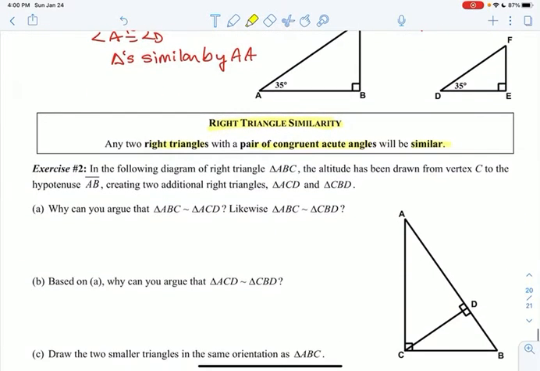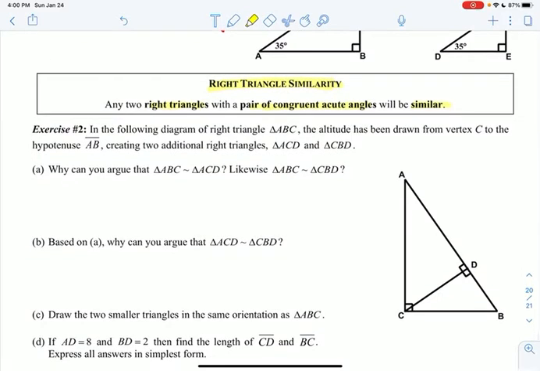So in exercise 2, we have our diagram just like we had in the earlier lesson. I have triangle ABC, which is a right triangle. The altitude has been drawn, so this is an altitude. An altitude is a line drawn from the vertex perpendicular to that opposite side, and it creates two additional triangles. So I have three triangles here.